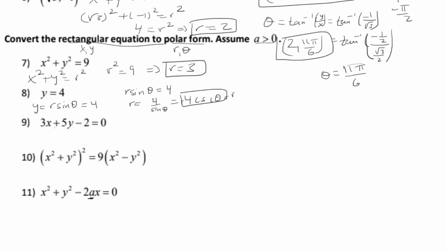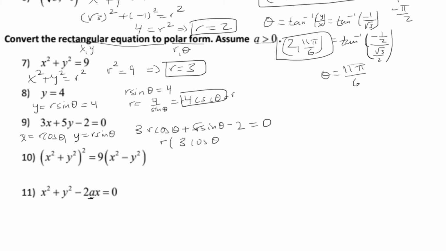For number 9, we have 3x plus 5y minus 2 equals 0. So I'm going to make the substitution that x is equal to r cosine theta, y is equal to r sine theta. So plug it in. It's 3r cosine theta plus 5r sine theta minus 2 is equal to 0. 3r cosine theta and 5r sine theta has r in common.